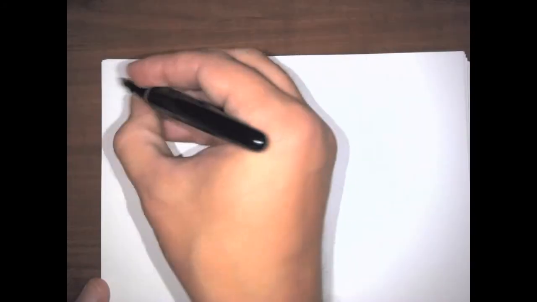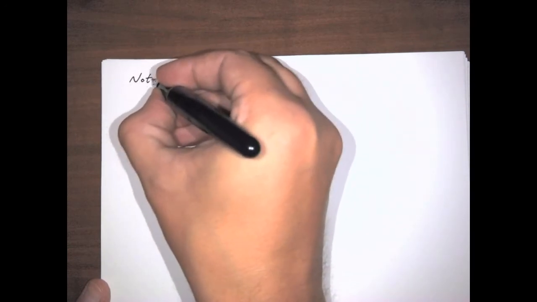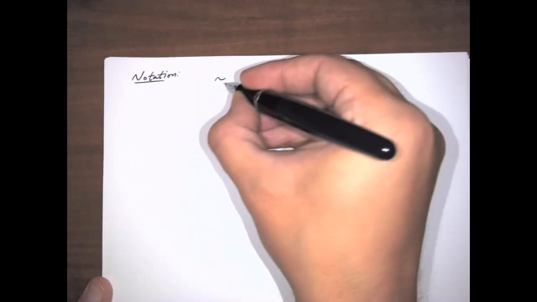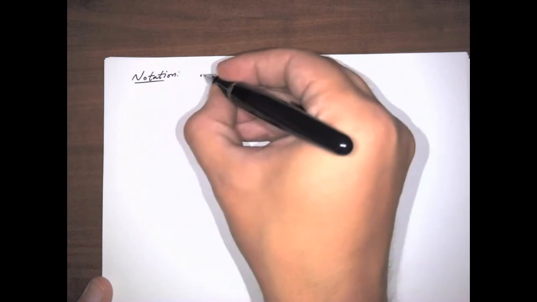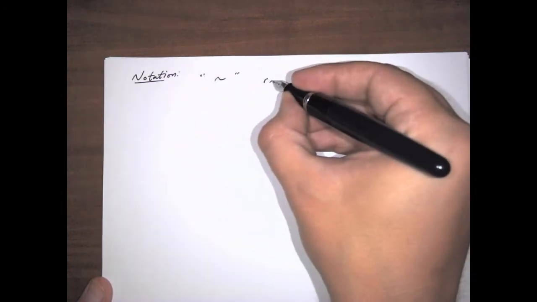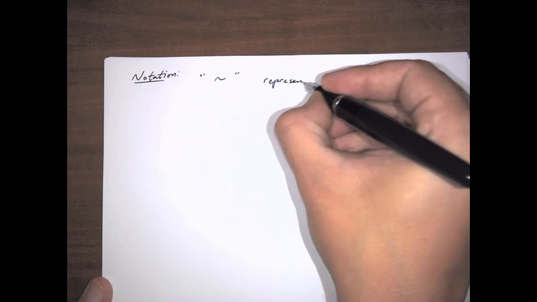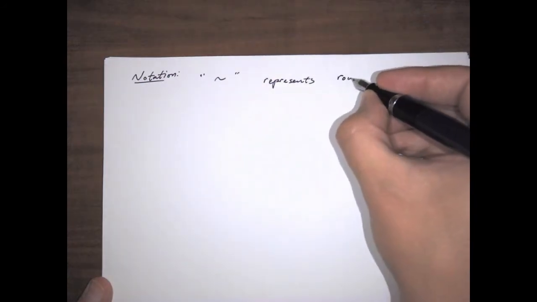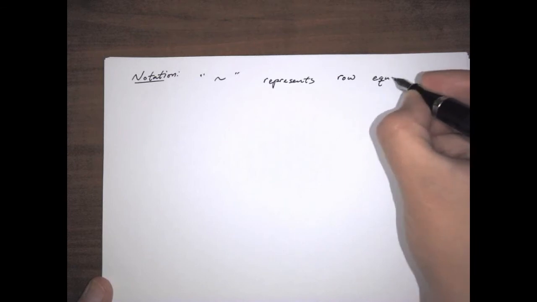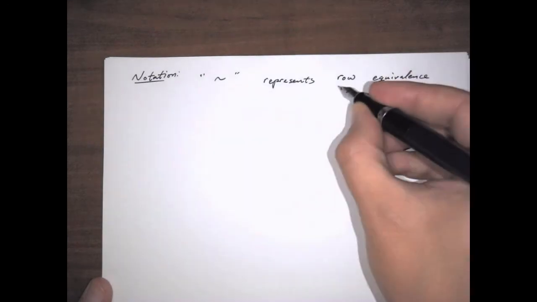And then some more notation to use here. We use a tilde. It represents what is called row equivalence, which means a new matrix that is achieved by doing one of the legitimate three row operations.